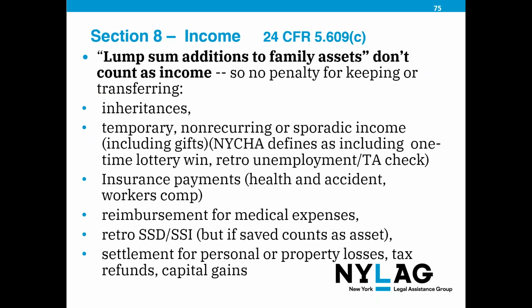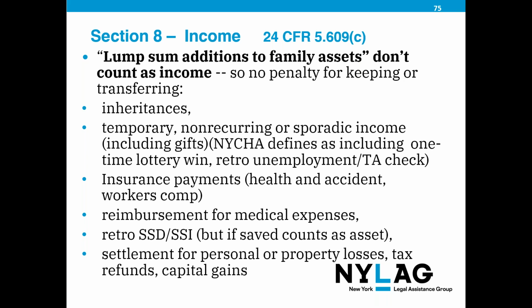So let's look at how that works. First, we're just going to look at what does not count as income. The regs say that lump sum additions to family assets don't count as income. So you can keep or transfer inheritances, temporary, non-recurring, or sporadic income, including gifts.